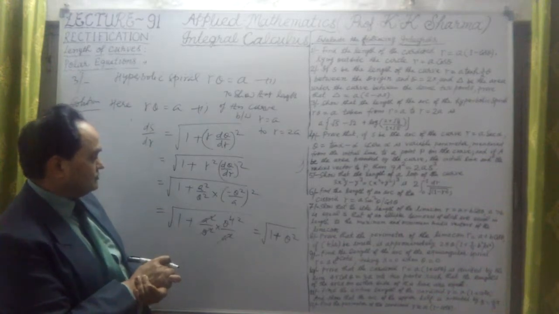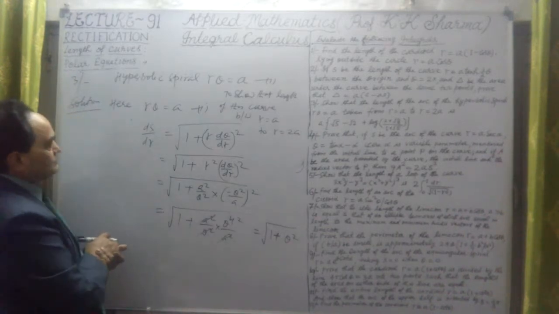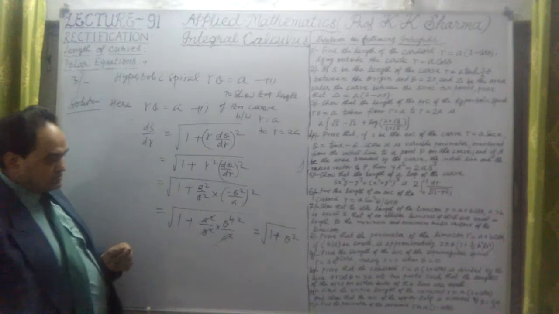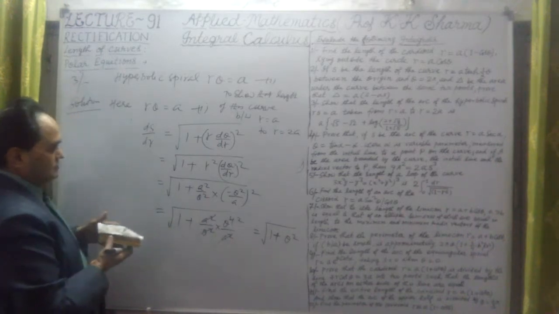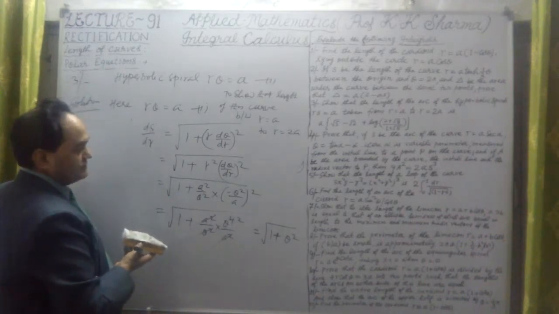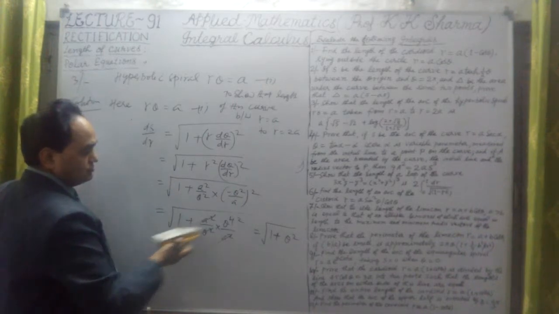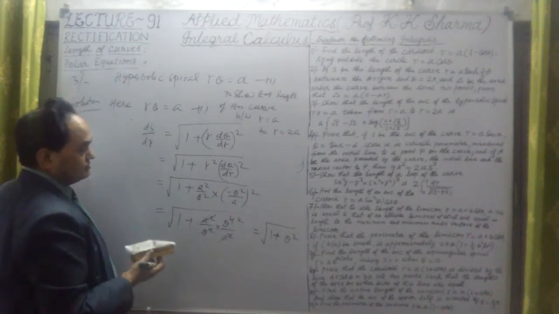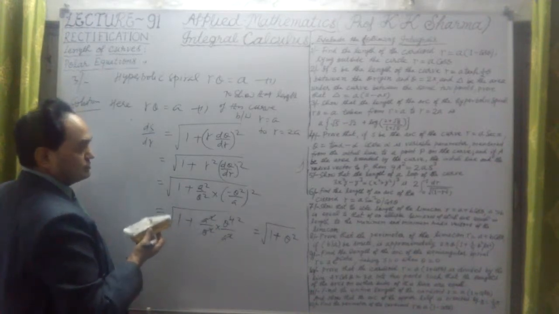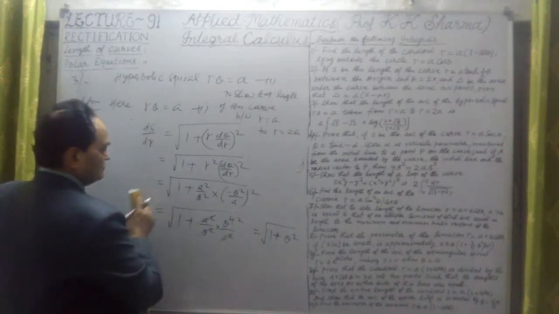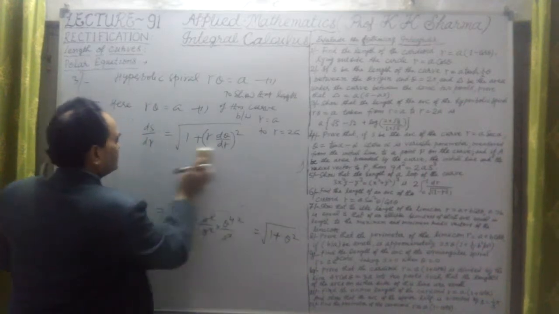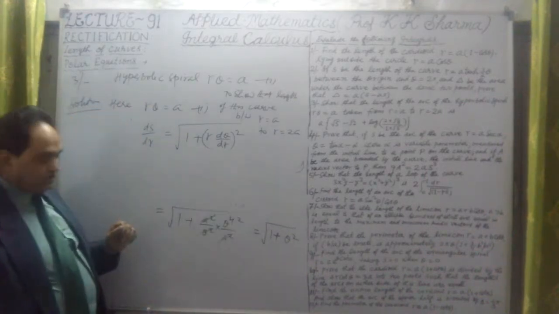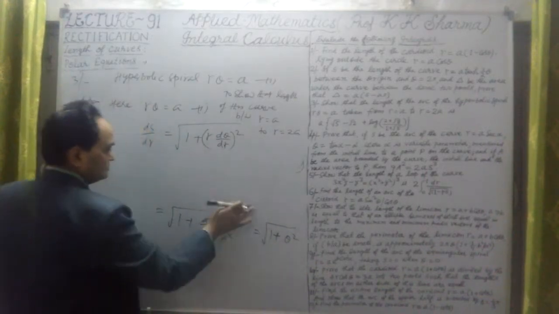Alright. Now theta we will finally substitute in terms of r, because we have to integrate with respect to r here. So theta is not required, r is required. Now let me finally substitute. ds upon dr is this.